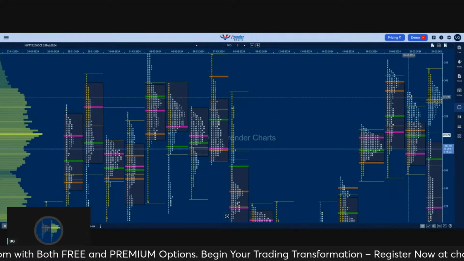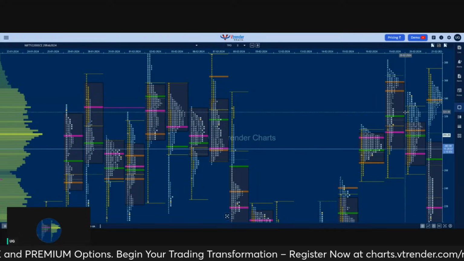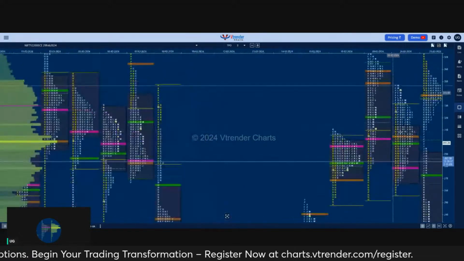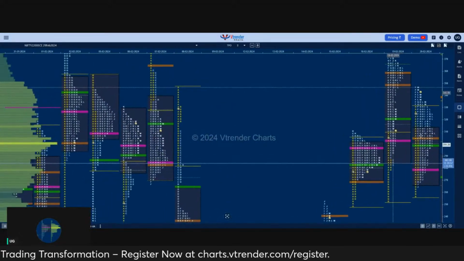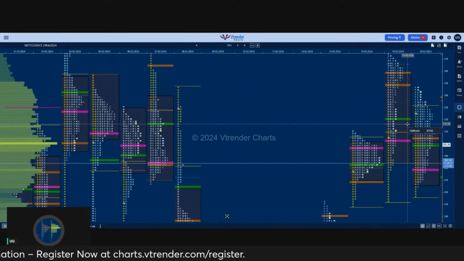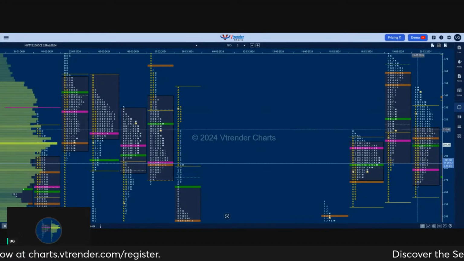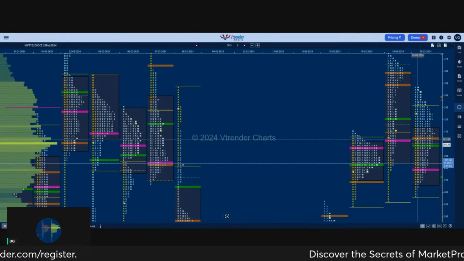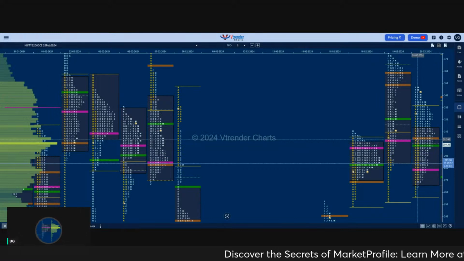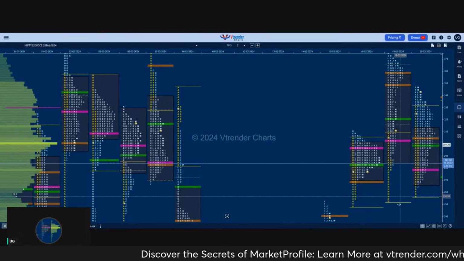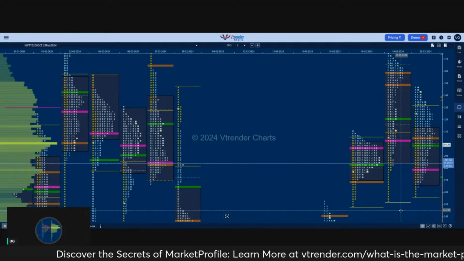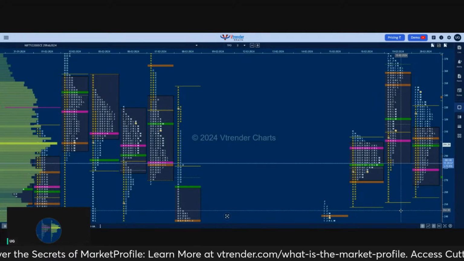And then we made an inside bar on the 20th, where we remained in previous day's range and formed mostly overlapping to lower value. So what this suggests in market profile is, this call option has not got any momentum on the upside now.